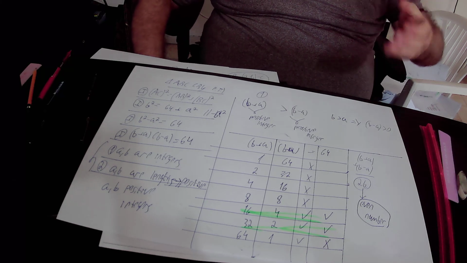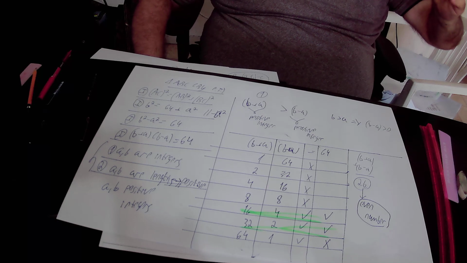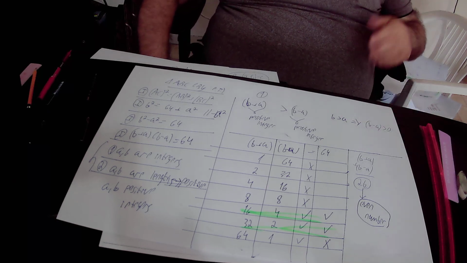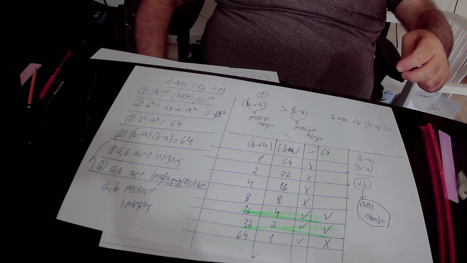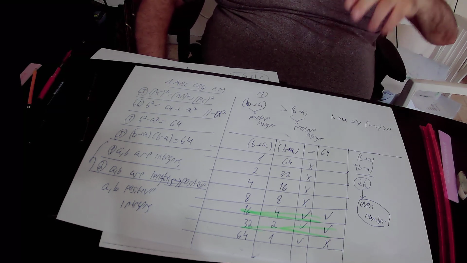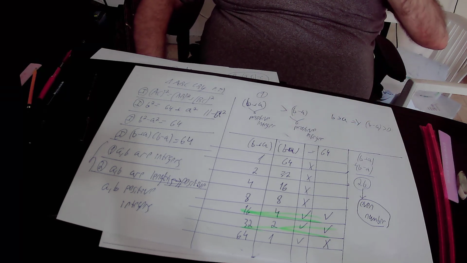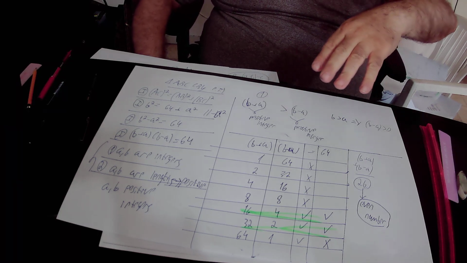So the result must be an even number. Why? Because 2B, with B a positive integer, must be an even number. So we'll check the three options, and if the sum of the two numbers is not an even number, we'll cancel the solution.